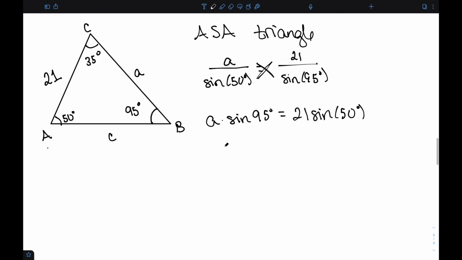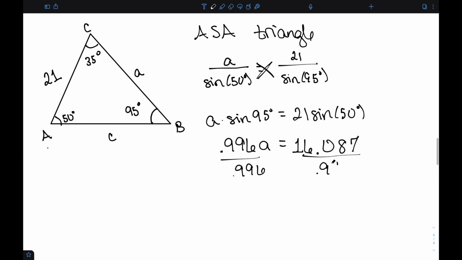Sine of 95 degrees is 0.996, so this side is 0.996a. 21 times sine of 50 degrees is 16.087. I can then divide both sides by 0.996 to get that side a is length 16.15. So now I have all three angles and two of my three sides of my triangle.